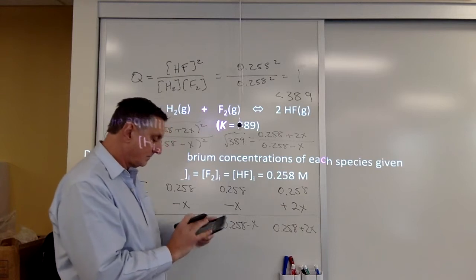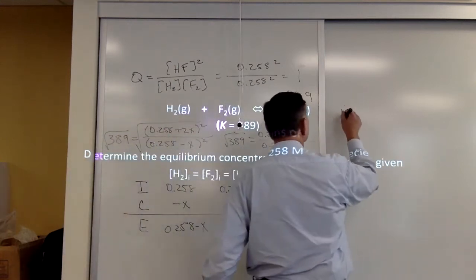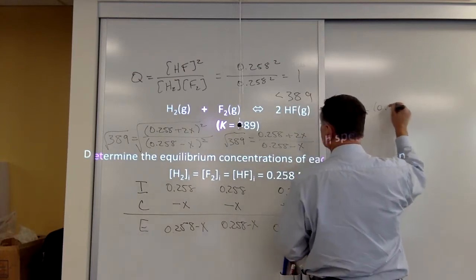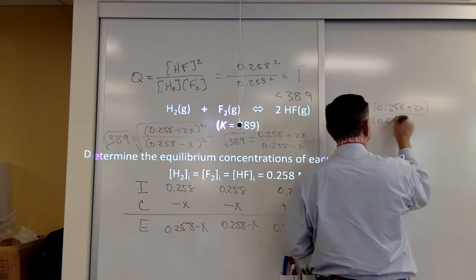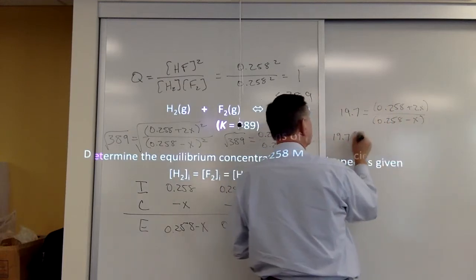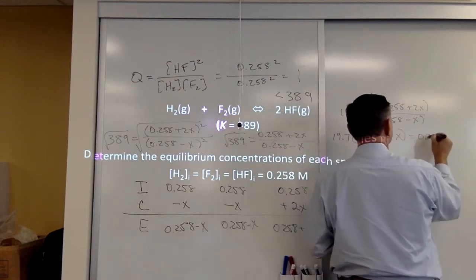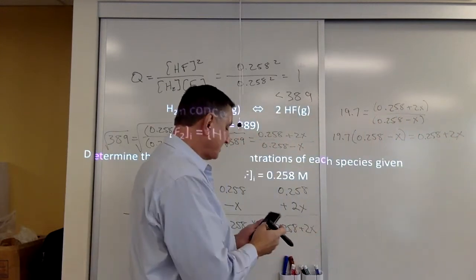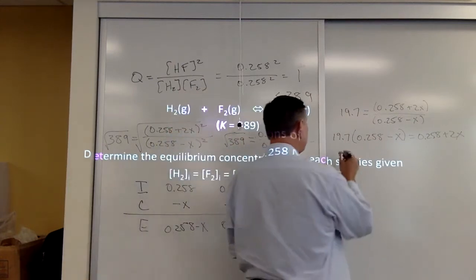The square root of 389 is 19.7. So 19.7 times (0.258 minus X) is equal to 0.258 plus 2X, and 19.7 times 0.258 is 5.09.